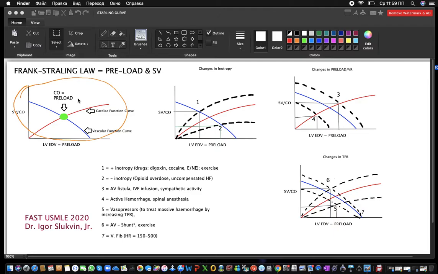Now, there are two things that make changes in the direction of the Frank-Starling curve, and that's changes in inotropy or contractility of the heart, and changes in preload or vascular resistance. There's also another one here.